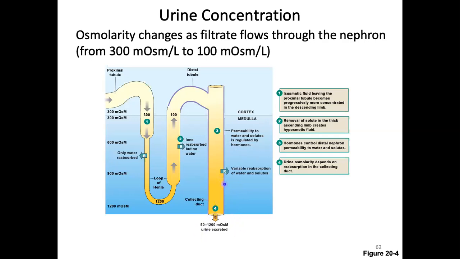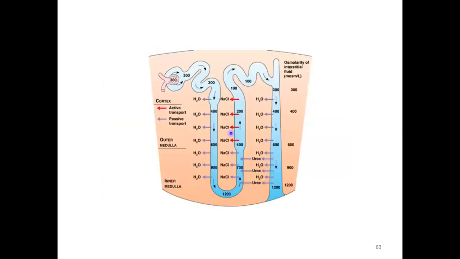Why is it concentrated? Because you're not peeing out the water, you're reabsorbing it. If you are really hydrated, say I've been drinking enough water, you're not going to have a lot of ADH here, so you're not going to reabsorb water, and you're going to pee it out. Your urine particle concentration is going to be around 50 milliosmoles.